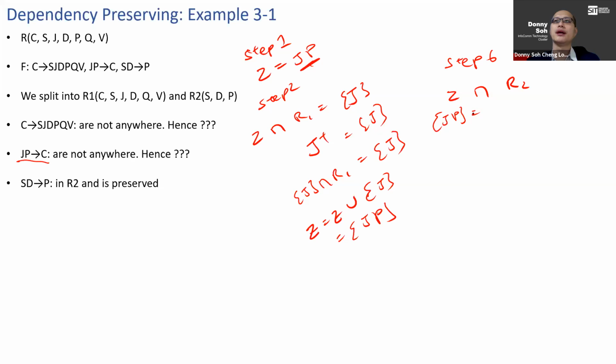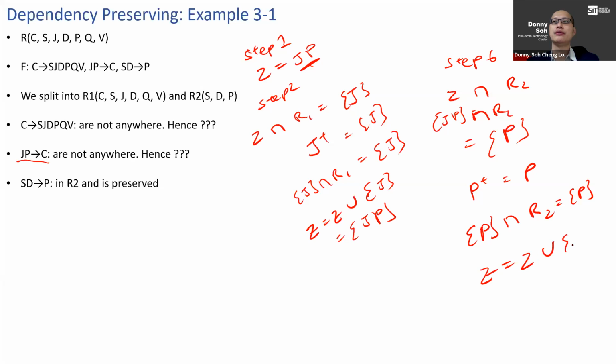JP union with R2 is equals to P. And now I need to find the union of P. Union of P is equals to P. And then I need to do the intersect with my R2, which is also equals to P. And then now lastly, Z equals to Z union with P, which gives me back JP again.